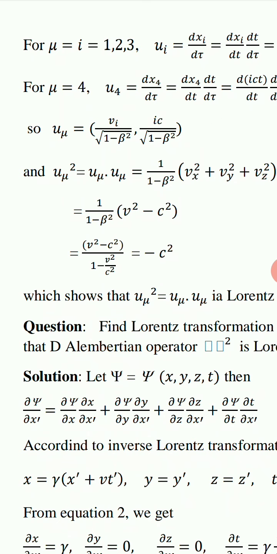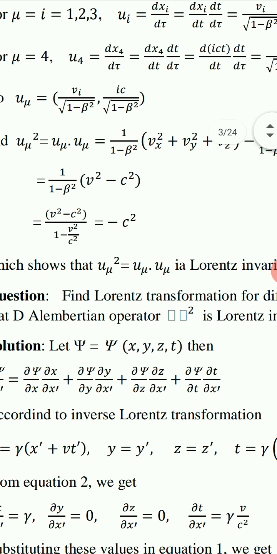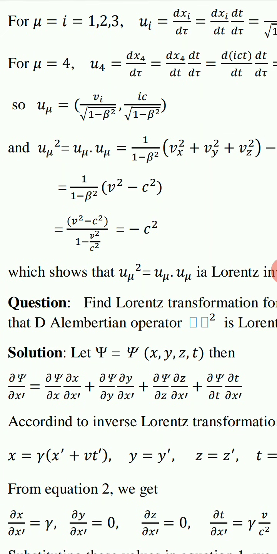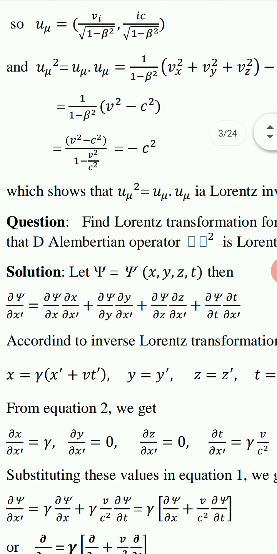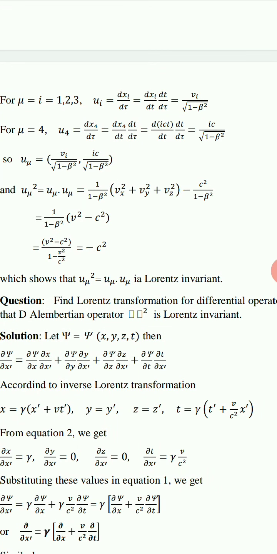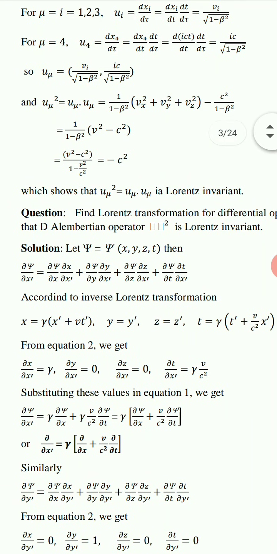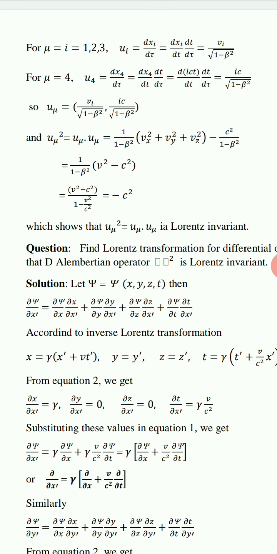C is the speed of light, so u mu square, that is the dot product of u mu with itself, is Lorentz invariant. Its value remains the same in both the frames S and S dash. So this is the definition of the velocity four-vector.